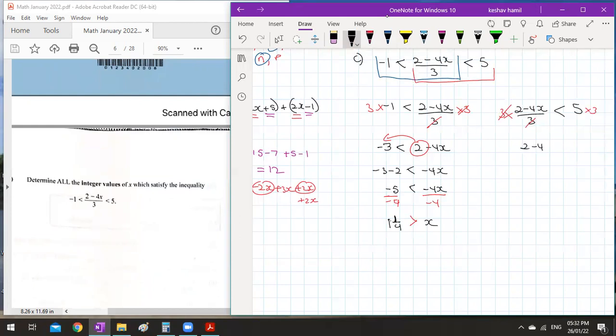Yeah, 2 minus 4x less than or equal to 15. Carry the 2 across. So we have negative 4x less than or equal to 15 minus 2, 13. And again, you're going to divide by a negative value, so the direction of the sign will change. So this will cancel to give us x.